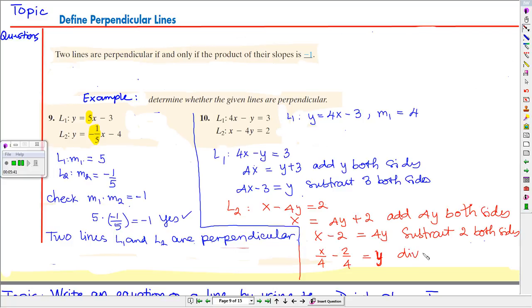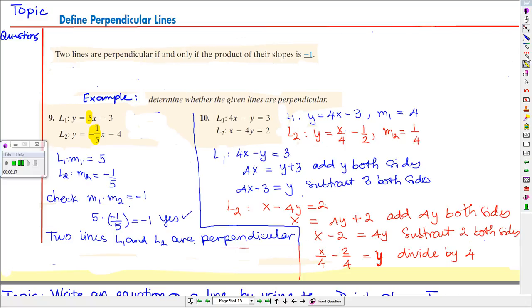I make a note right here: divide both sides by 4. So now we have y equals x over 4. We write the equation of L2 as y equals x over 4 minus 2 over 4. Now 2 over 4, we can reduce this fraction, it will be 1/2. So we can conclude that the slope for line 2, which we call M2, is 1/4.